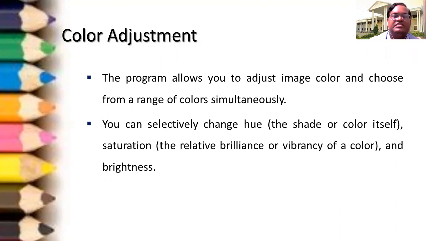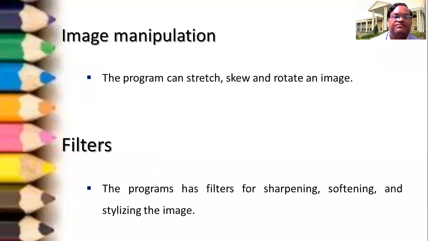You can change the hue, like shade or color itself, or saturation, where you can give brilliance or vibrance to a color, and you can also increase the brightness of the graphics using color adjustment options.